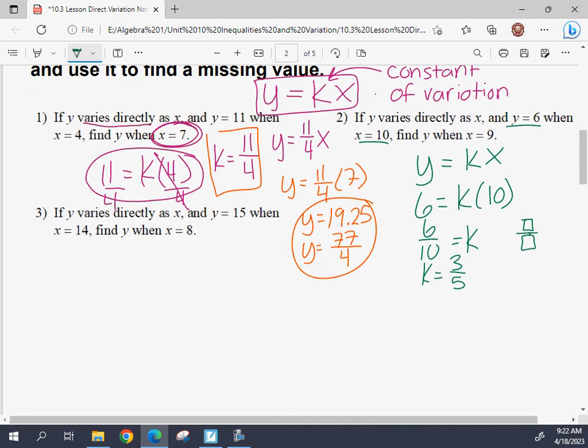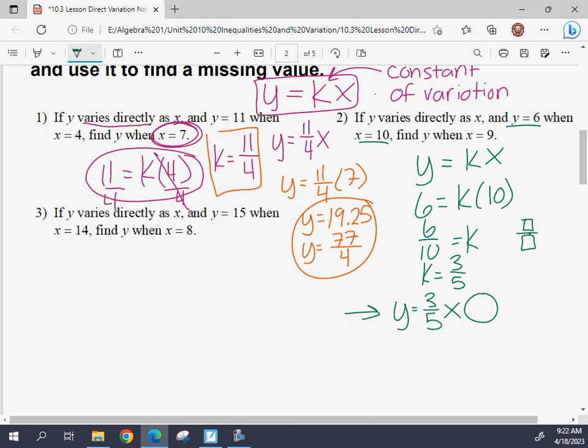And so I have a direct variation that looks like this. Y equals 3 over 5 x. 3 over 5 is my constant of variation. It's kind of like slope. You can see we have no intercept over here. And now I can use this variation equation to find values. So I want to know what is y going to be if x is 9.